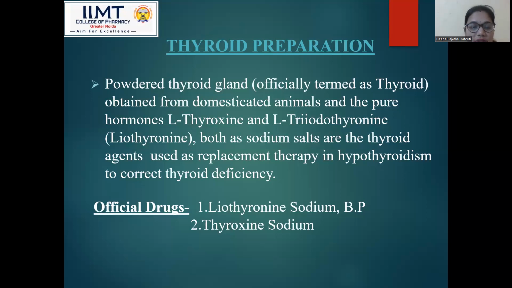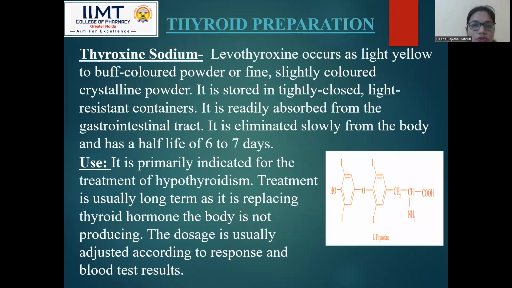correct thyroid deficiency. The official drugs which we use in thyroid preparations are L-liothyronine sodium and Thyroxine Sodium. So first one is Thyroxine Sodium. The diagram of this L-thyroxine, the levothyroxine occurs as a light yellow to buff colored, fine, slightly colored crystalline powder.